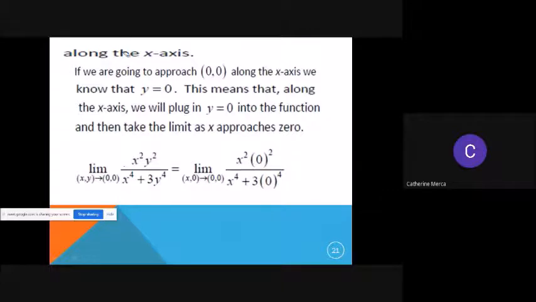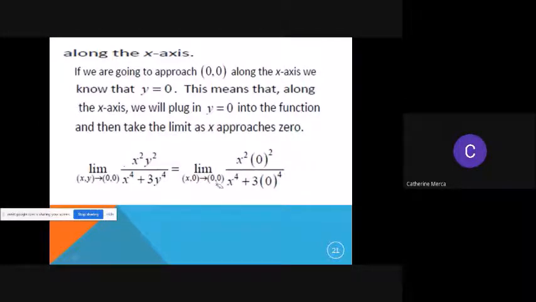When we approach along the x-axis, y is equal to 0, so the point is x, 0.